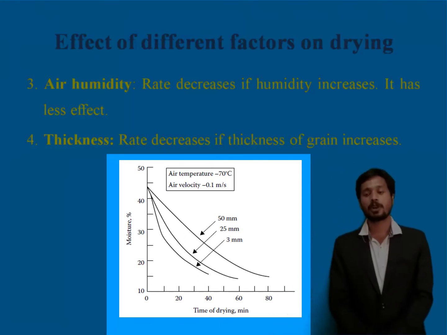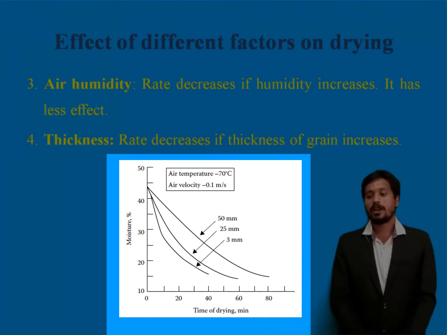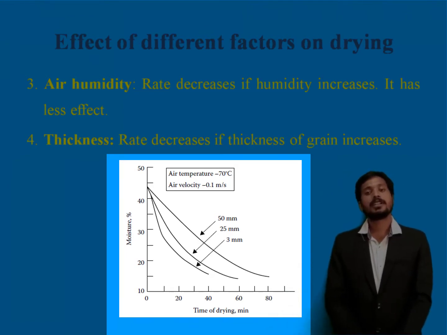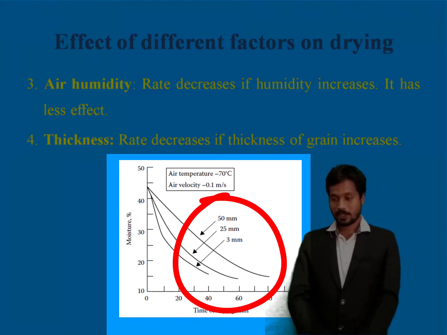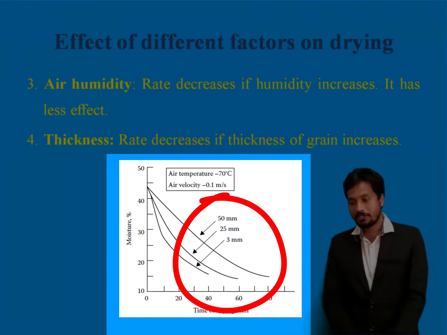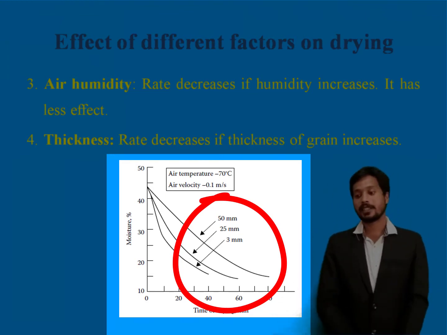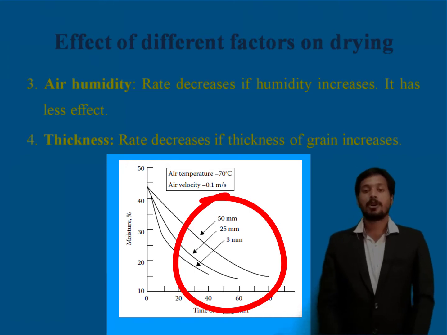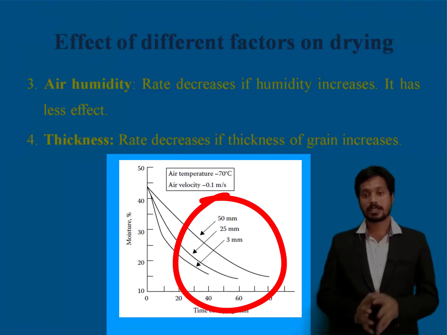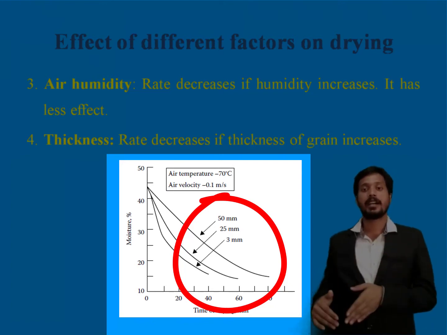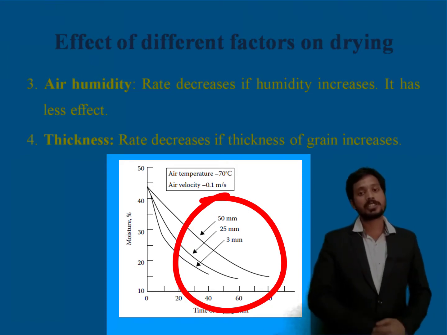Here we can also plot the graph of moisture content versus drying time. We have taken different thickness values like 50 millimeter, then 25 millimeter, and then 5 millimeter. At the smallest thickness the moisture content reduction is very high, it is reduced much more.